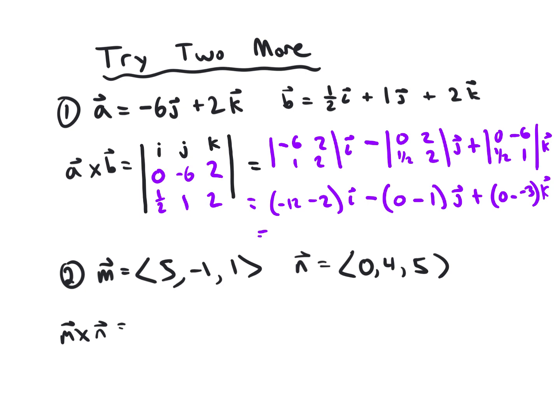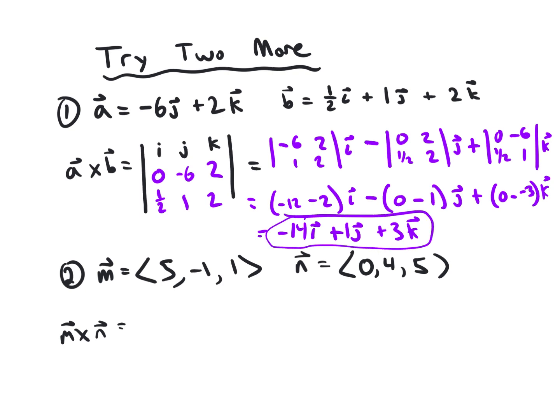And so I get my answer to be negative 14i plus 1j, or just plus j, plus 3k hat.